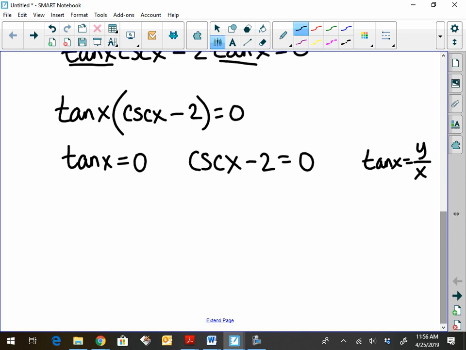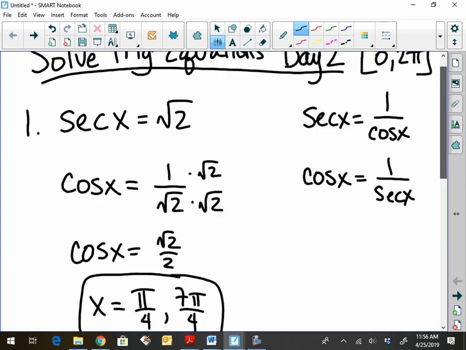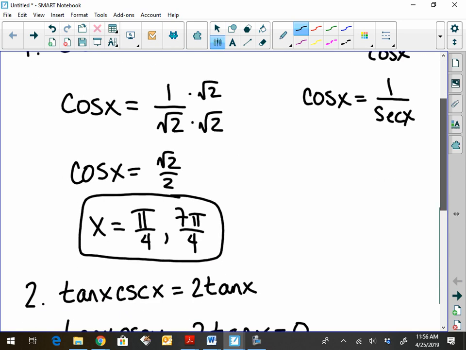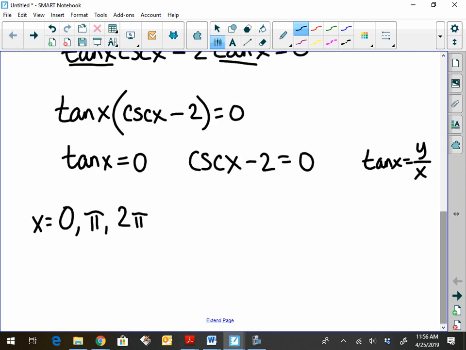So tangent equals 0 at 0, at pi, and at 2 pi. And we would include 0 and 2 pi because it's our domain we restricted at the beginning, including 0 and 2 pi. So that's why we want to have both of those answers.